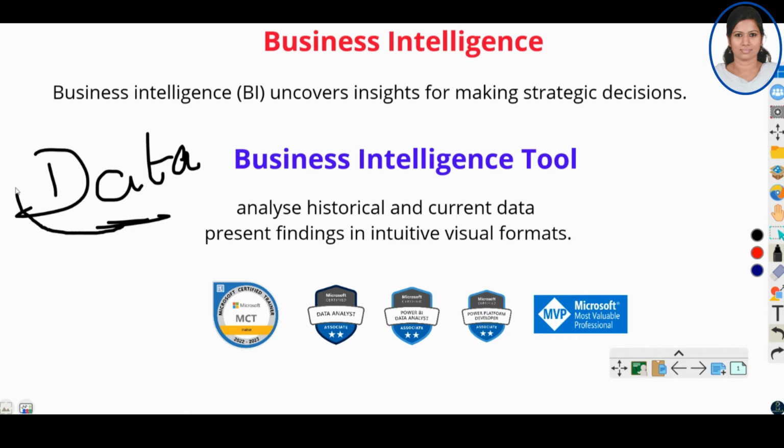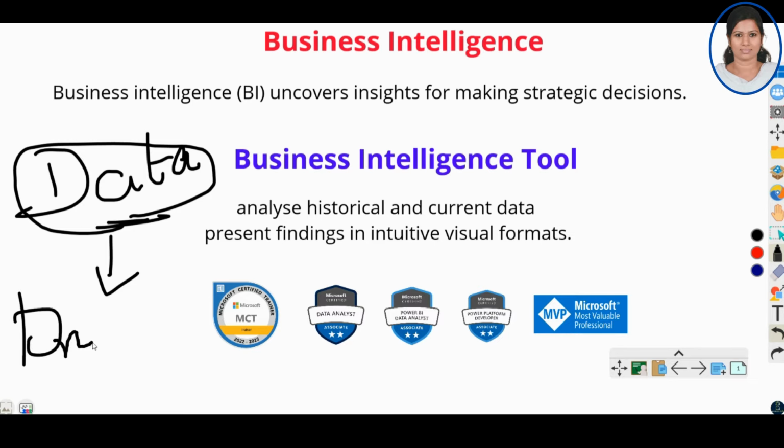Because everything is based on the data. Everything is based on the previous data which they have collected. So that is what business intelligence uncovers insights for making strategic decisions. Now let us understand why they are giving buy one get one free during Wednesday.